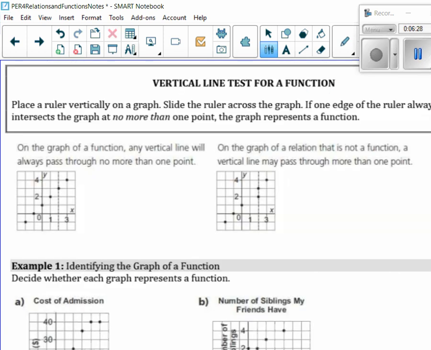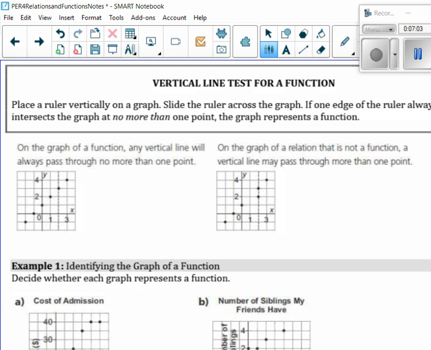All right, so now we're going to come up with a new test for a function. Remember, how do I figure out if something's a function or not? Yes, for every input, there's only one output. So there is an actual test so that you can look at it graphically and tell in like 2 seconds. It's called the vertical line test. The way it works is you place a ruler, or you can use your pencil or whatever, vertically on the graph, and you slide it across the graph.